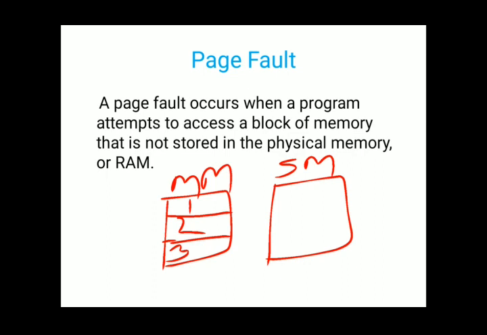So now understand the concept of what a page replacement algorithm is. Suppose the data 4 is in secondary memory, and the processor wants to access 4 from the main memory. Now 4 is not available in the main memory, so we have to put this data from secondary memory into main memory.